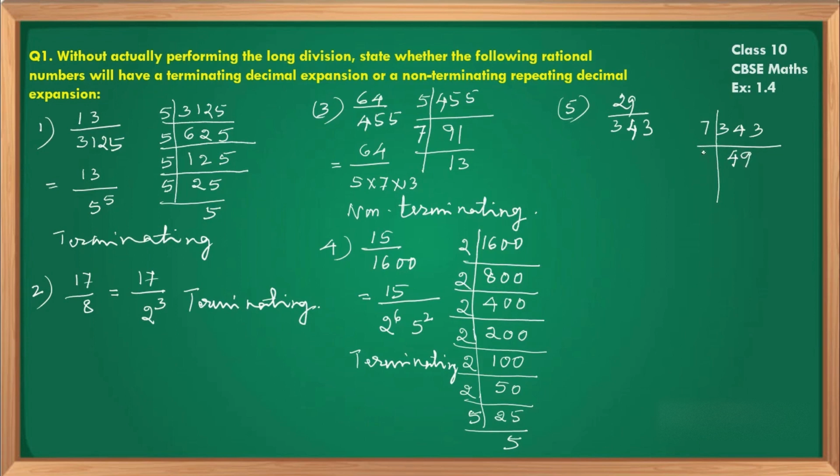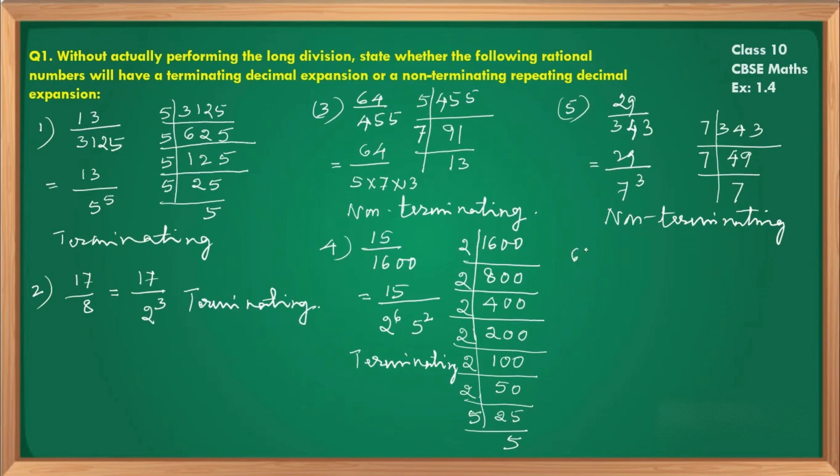It can be divided by 7 again. 7 7s are 49. So the given number can be written as 29 divided by 7 cube. As we don't have 2 and 5 in the denominator, this is non-terminating.